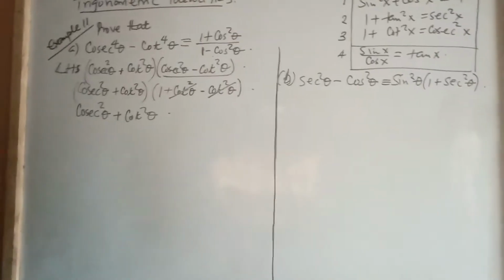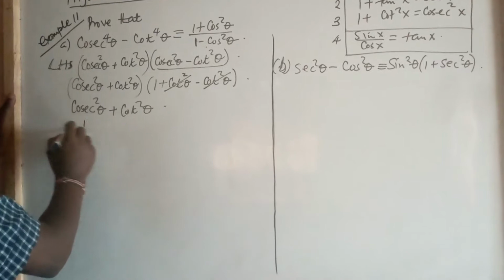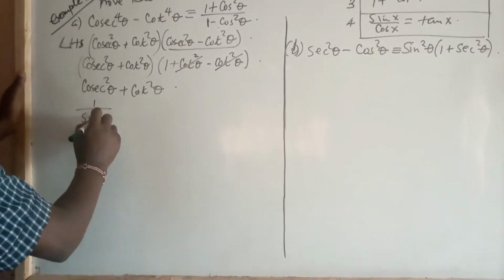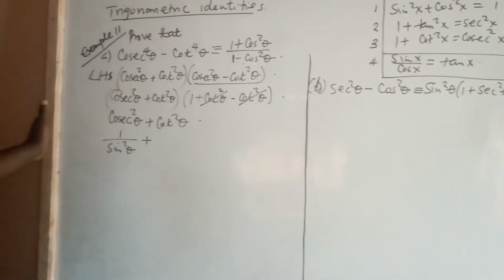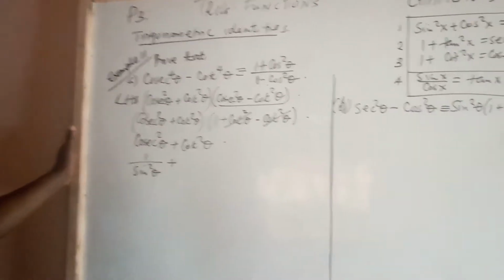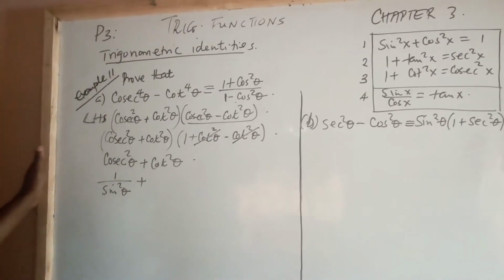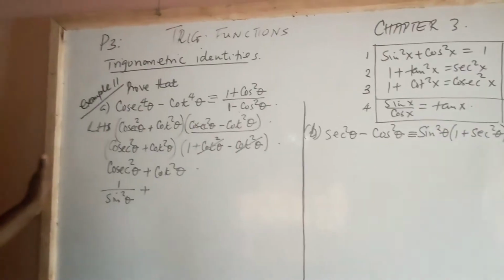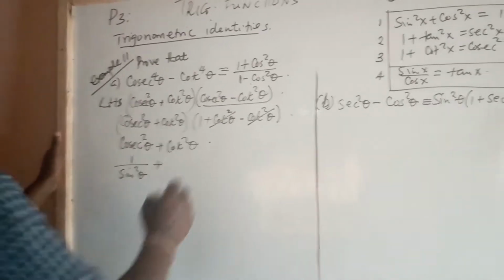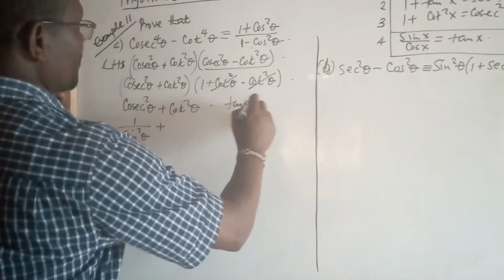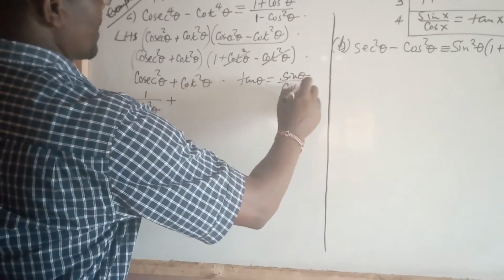And what is cosec squared theta? It is simply 1 over sine squared theta. And what is cot theta? Cot theta is 1 over tan theta, and 1 over tan is cosine over sine, because tan theta is sine theta over cosine theta.